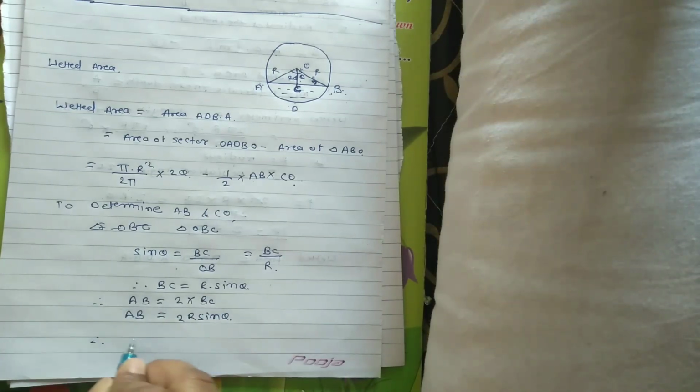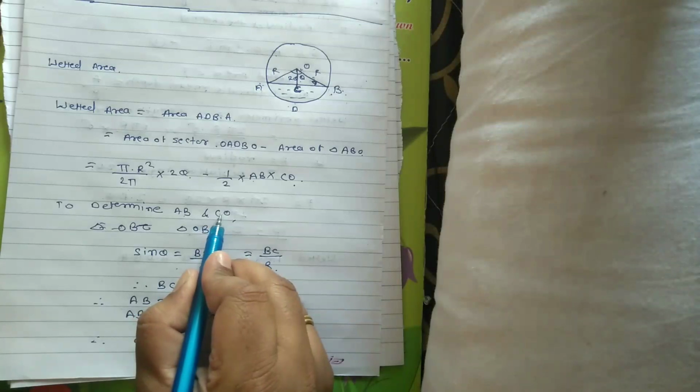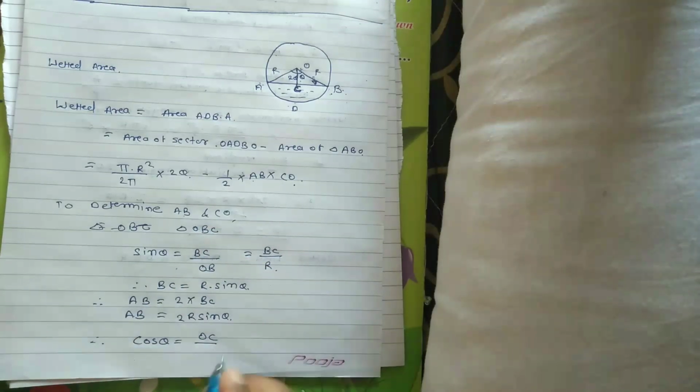In the same triangle, what is cos theta? We have to determine CO also. Cos theta is the adjacent side OC by hypotenuse OB.